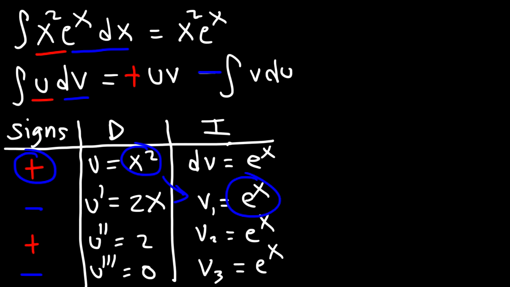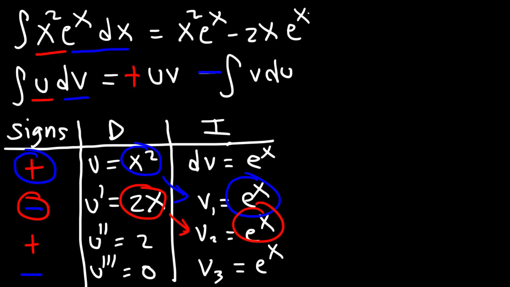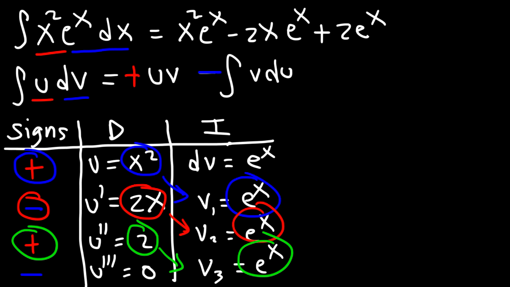Now the second term, it has a negative sign, 2x, and then it's going to be multiplied by e to the x. So it's going to be negative 2x e to the x. And for the third term, it's going to have a positive sign, a 2, and e to the x as well. So it's just plus 2 e to the x.